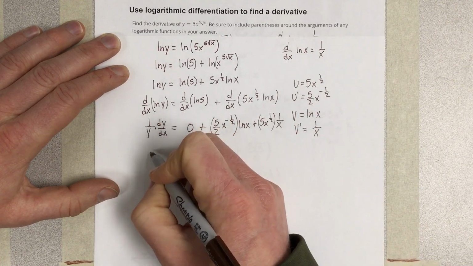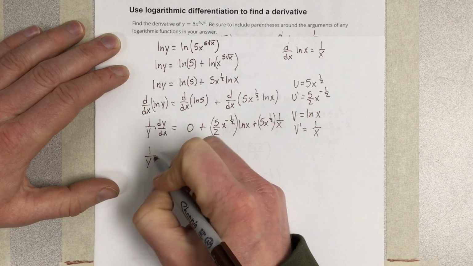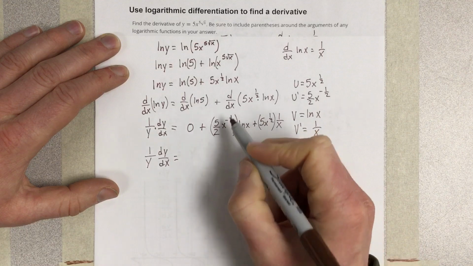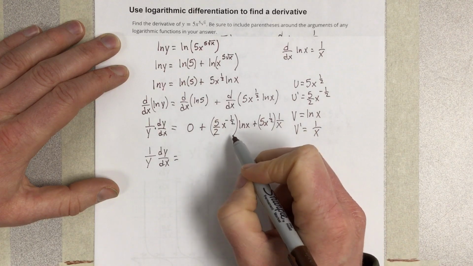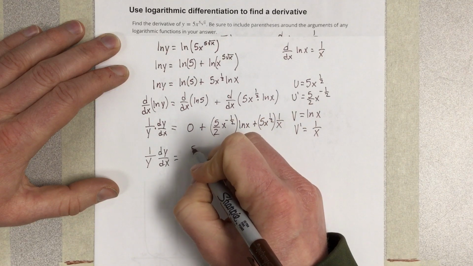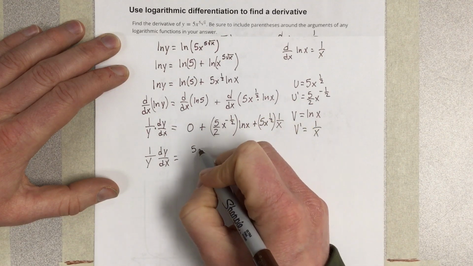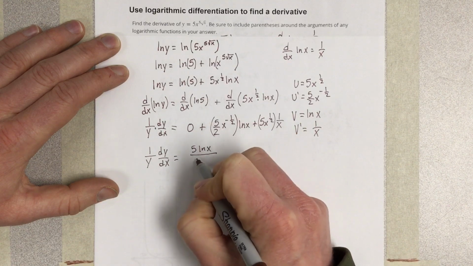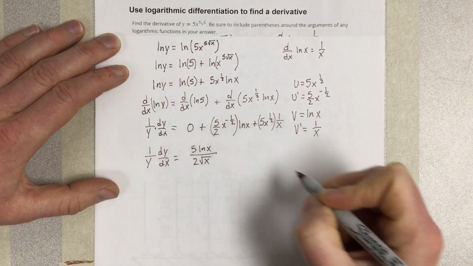Let's do some simplifying here. So we get 1 over y dy dx would equal 5 natural log x, because natural log x is being multiplied in here, over 2 root x.